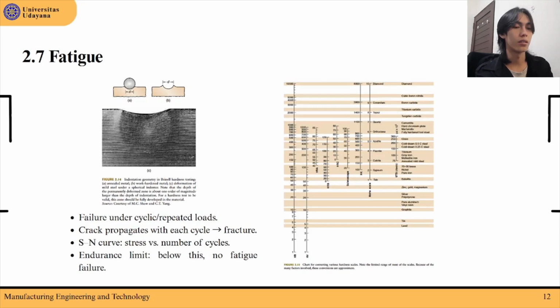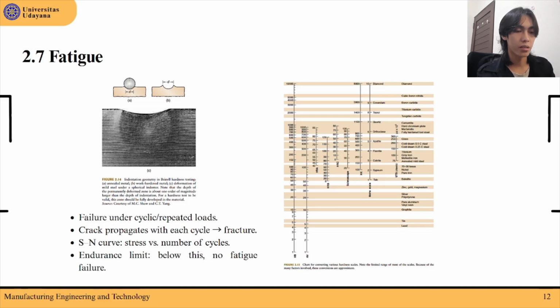Okay, and then in this slide we have fatigue. Fatigue is the failure of material under cyclic or repeated loading. Cracks grow with each cycle until failure occurs. The S-N curve shows the relation between stress and number of cycles.